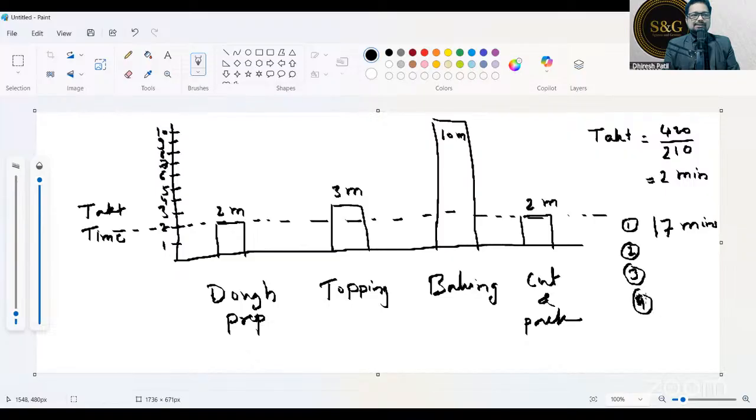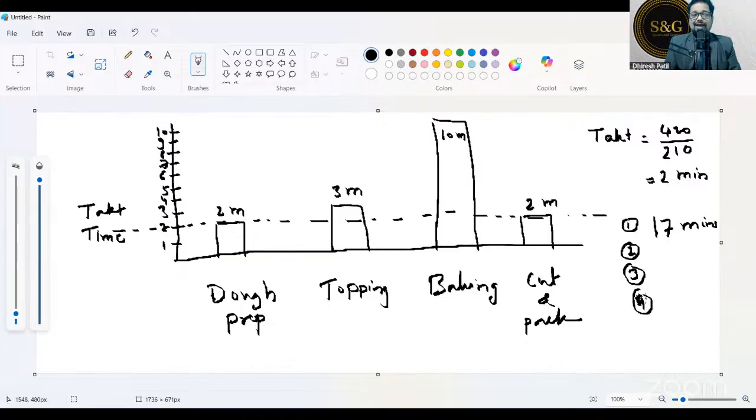Okay, so I got the answers. 10 minutes, 27, 37, 47. That means you are adding 10, 10, 10. So the first delivery will be at 17. After that, every delivery will be delivered after 10 minutes. The minimum time required will be the cycle time of your bottleneck process.